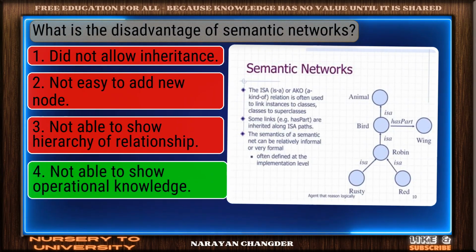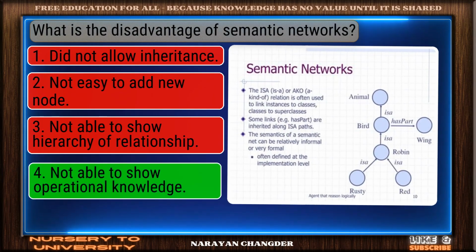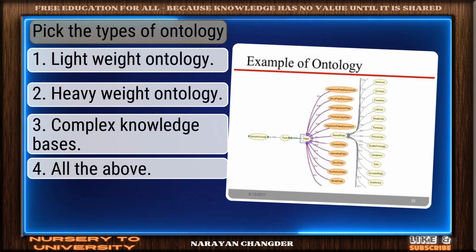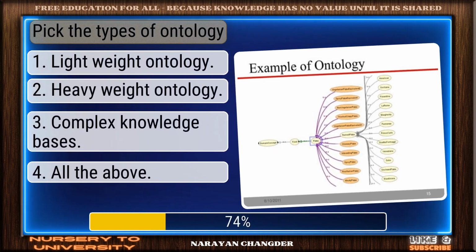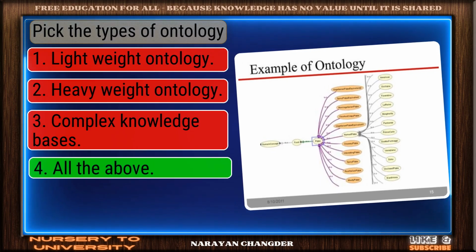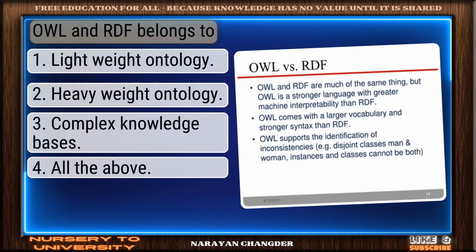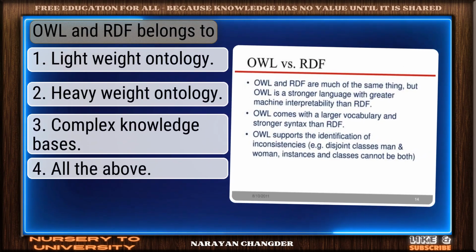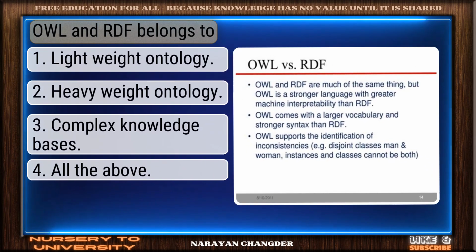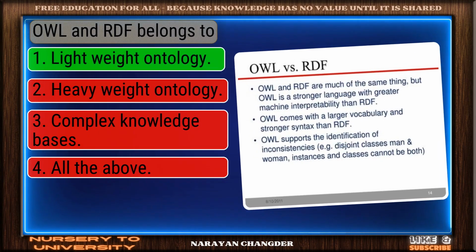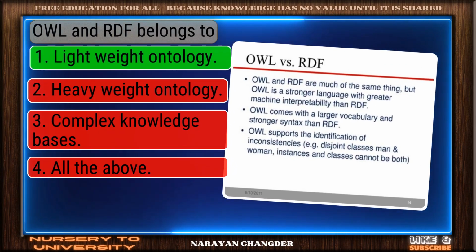Not able to show operational knowledge makes sense, and it is the right choice. Question number 25. Pick the types of ontology. Smart pick. All the above is the correct choice. Question number 26. OWL and RDF belong to? Good job. Your answer, lightweight ontology, works well here.